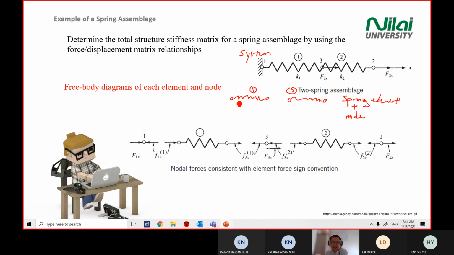So you break the system into spring plus node. How many nodes do you have here? Node number 1, node number 3, and node number 2. So you combine the system from spring plus node. That's why you get 5 diagrams here: 1, 2, 3, 4, 5. Do I answer your question? Yes, I'm getting there.